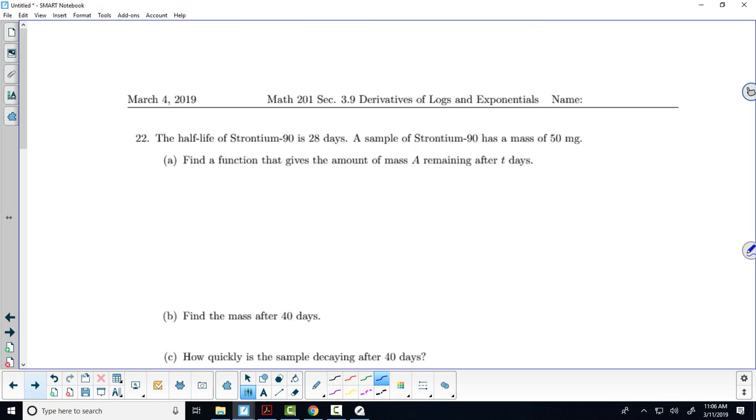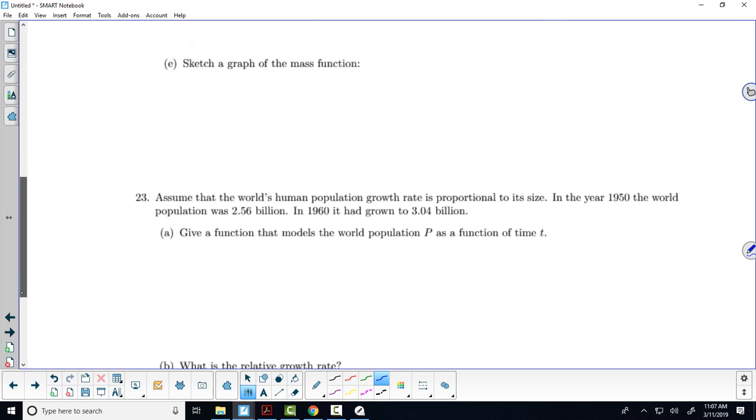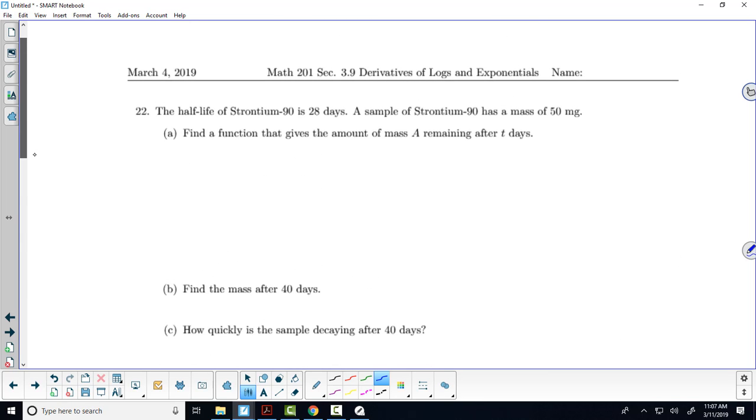All right. So let's just do this one problem here, and then we'll call it good. Okay? For this section. The half-life of strontium-90 is 28 days. I don't know what strontium-90 is. I know it's a radioactive isotope, which means it starts emitting some of its particles, and so it eventually starts to decay.